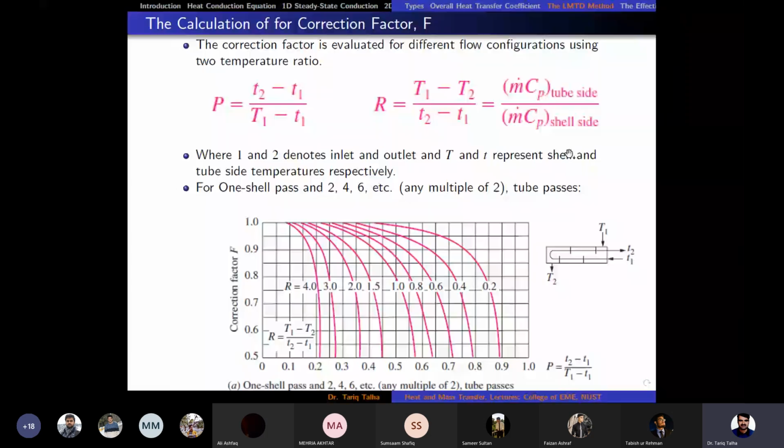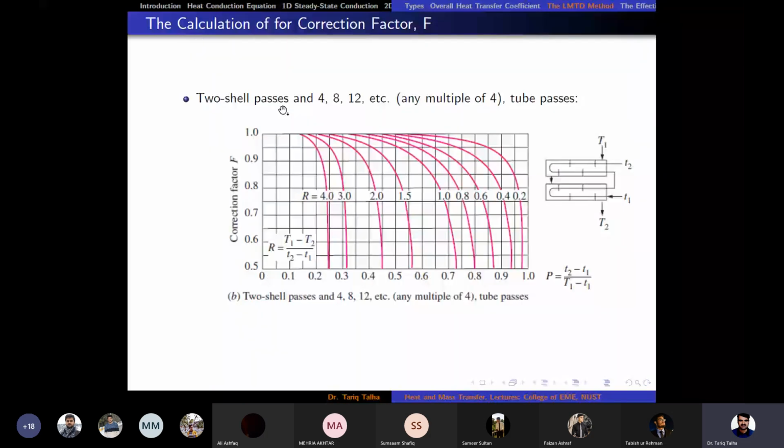We would do one numerical now. This graph is for one shell pass and multiple tube passes. Similarly, for two shell passes and multiple tube passes, we have a different graph in which we have R and P curves.